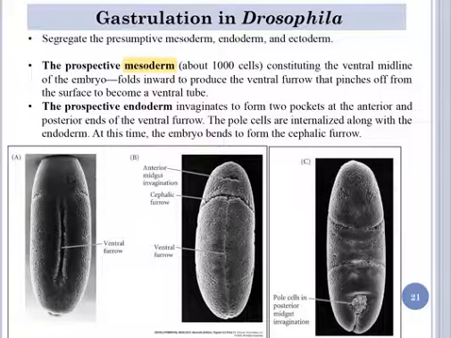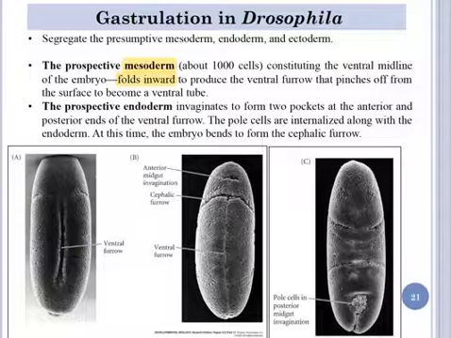Here we are looking at the ventral side, and at this stage we see a kind of furrow called the ventral furrow. This ventral furrow is formed after the accumulation of 1,000 cells at the ventral midline, and these cells will be invaginated, folding inward, to form the ventral furrow.